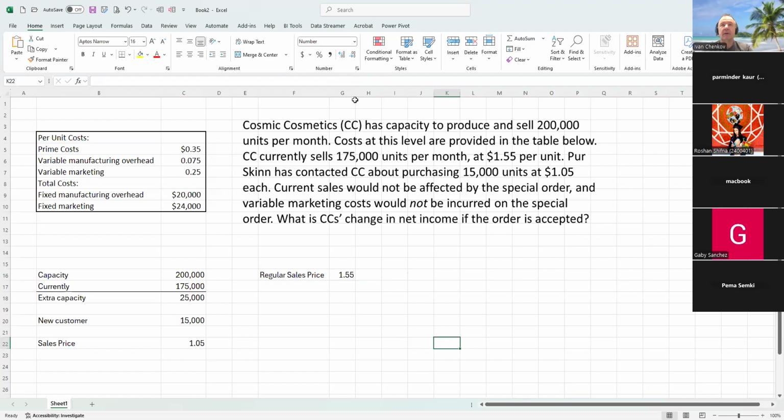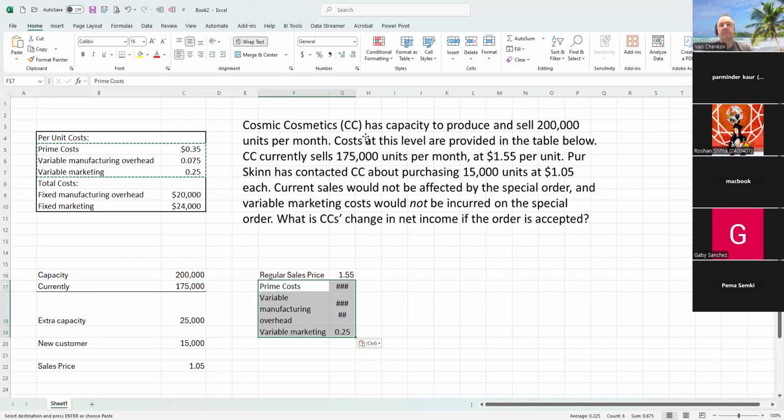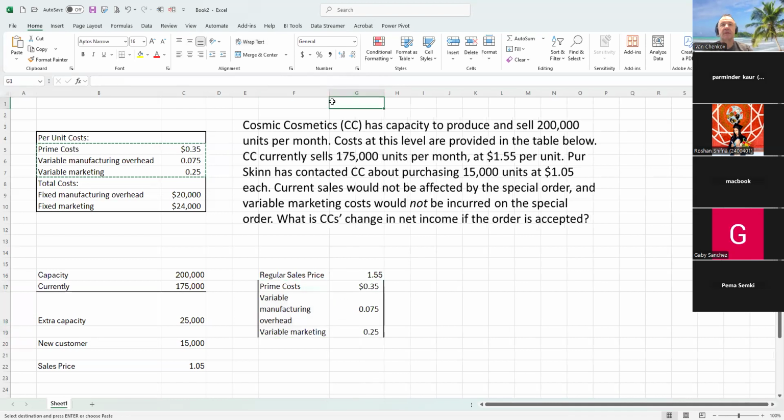Okay, so what's important for us to know? The current sales price will not be affected by the special order, and the variable marketing cost will not be incurred in this special order. So in the normal operating cycle of the company, this is what we get. This will be our structure if the company is working normally and everything is in the normal course of business.